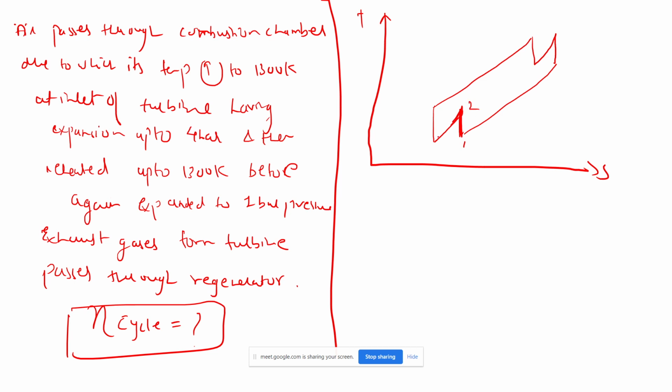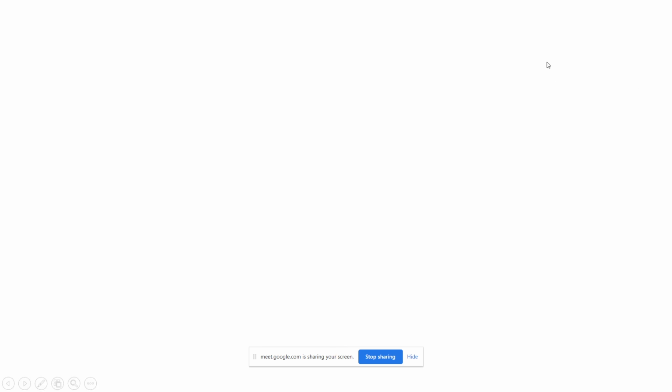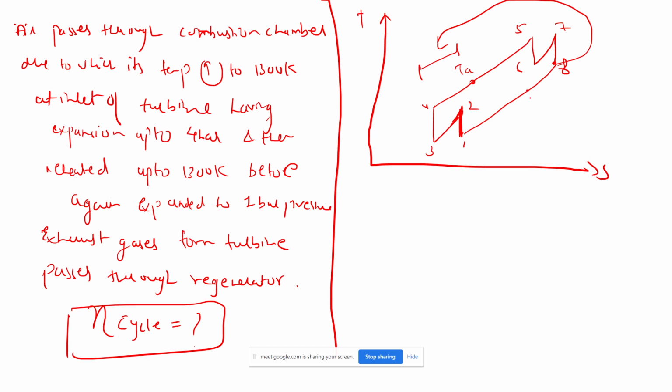This is 1 2 3 4, and this is 5 6 7 8. They have mentioned this is the regenerator. The gases from here will go into the regenerator and reheat, so the temperature will also decrease here. This will be the regenerator, whose effectiveness is 0.8.